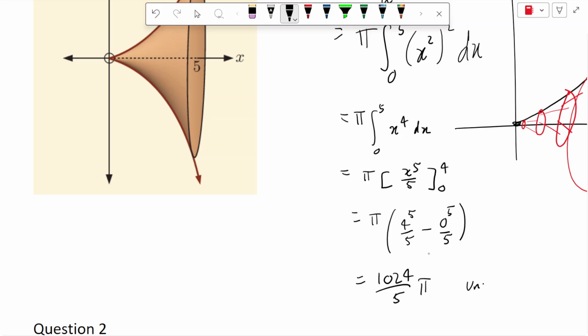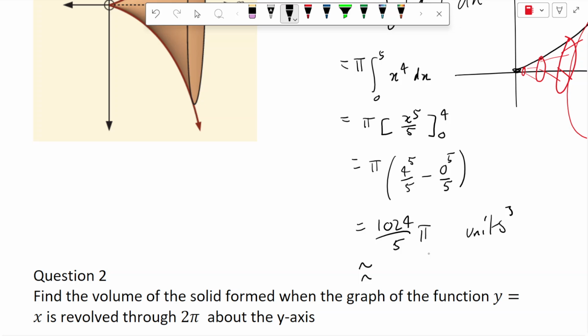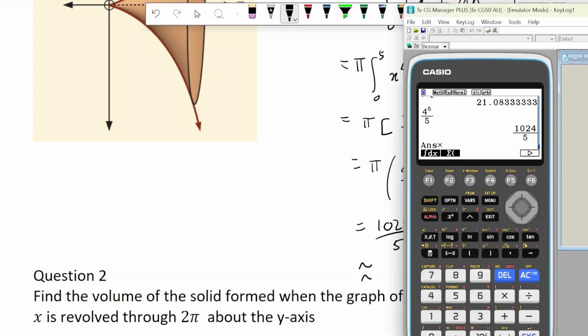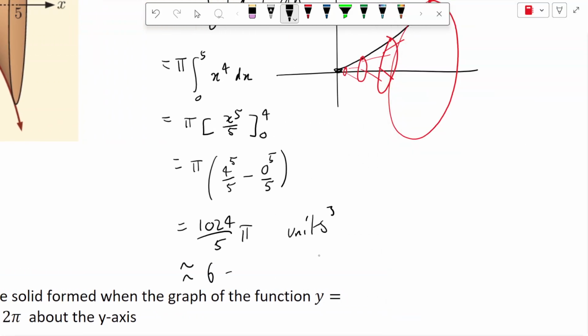And this is cubic units, so it's units cubed. If you want, you can get an approximate for this. So times by pi, and then convert with s to d. There we go, 643.